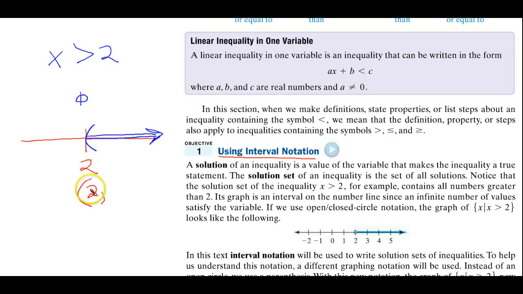So this translates to this in interval notation. And then this is going out here to positive infinity, so we put it there. And infinity, whether it's negative infinity or positive infinity, always has a parenthesis associated with it. That is what interval notation is. And we'll show you the others as we go along.